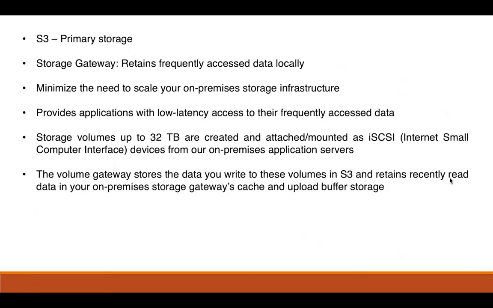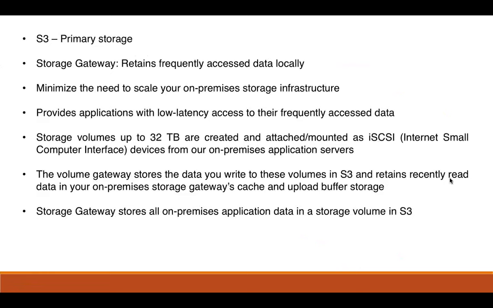The volume gateway stores the data you write to these volumes in S3 and retains the recently read data in your on-premises storage gateway cache and upload buffer. Storage gateway stores all the on-premises application data in a storage volume in S3. So the entire data is backed up by the S3, whereas the frequently accessed data is retained by the storage gateway within the cache storage.